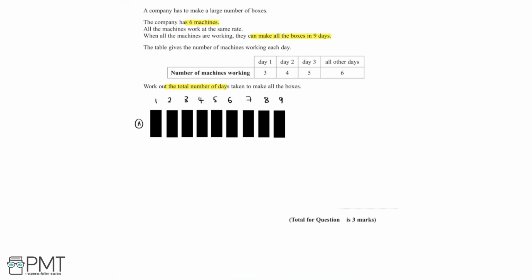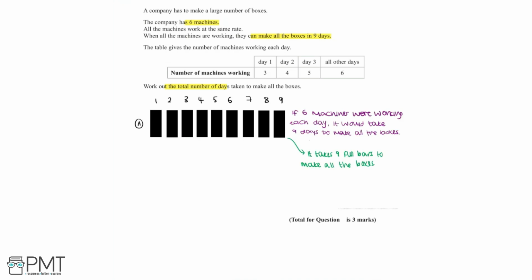And so each block represents the number of machines working. We can see that each block is the same height, because on each day we're saying that 6 machines are working, and so all of the boxes can be made in these 9 days. So let's say that each of these bars are full, and we're saying that it takes 9 full bars to make all of the boxes.